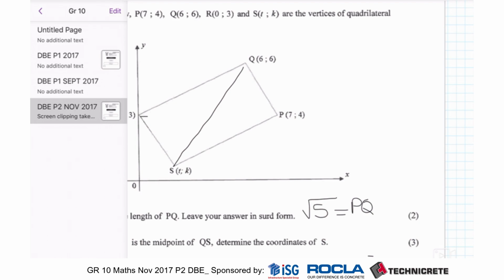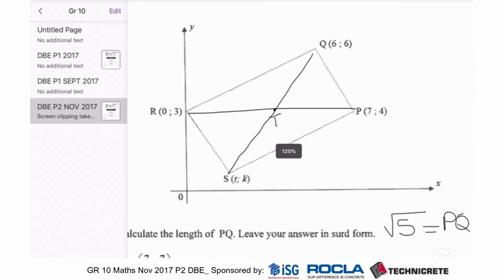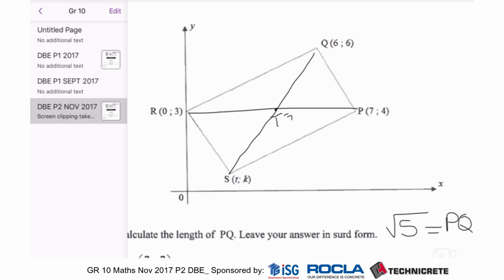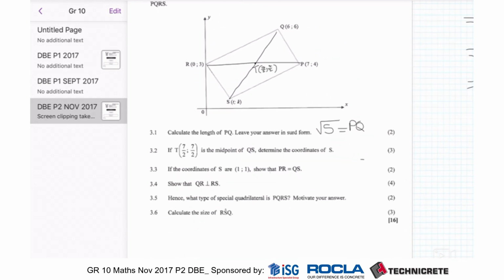So I've also got a line going from this way, and it's going to be the midpoint of QS, and that is T. They're telling me that T is 7 over 2, 7 over 2. They want us to find the coordinates of S.